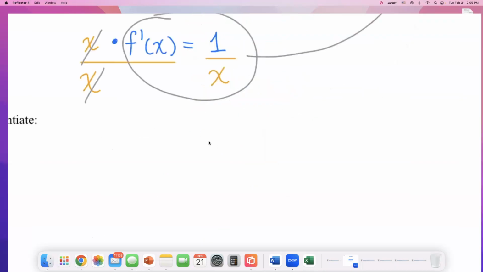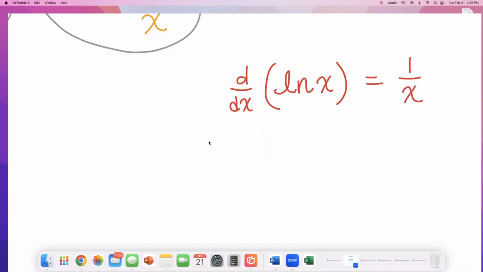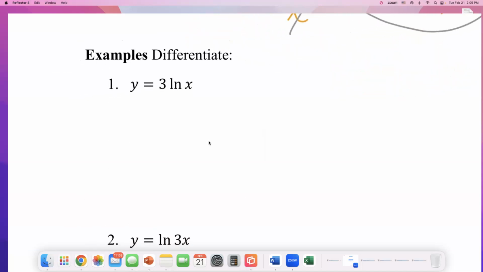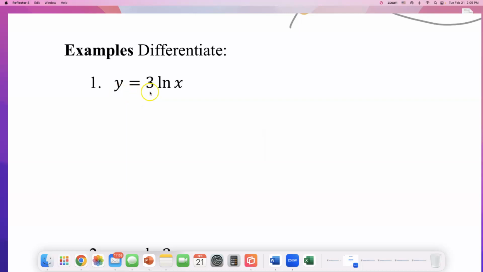So know this, okay? So if you ever see natural log of x, and I ask you to take the derivative of this expression, what's that equal to? 1 over x. Okay, so let's use this in these 2 examples on the bottom of page 87. So differentiate y equals 3 times natural log of x. The answer is 3 over x, but let's see why.